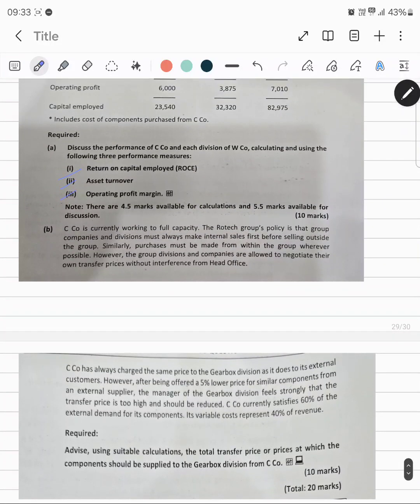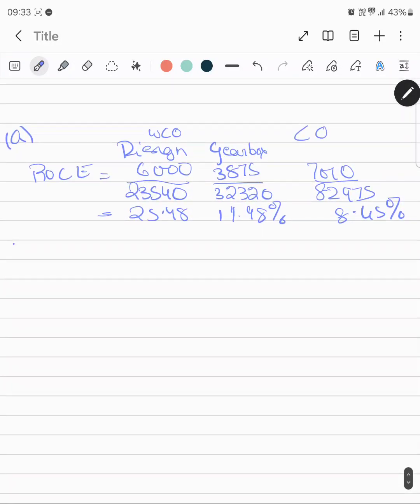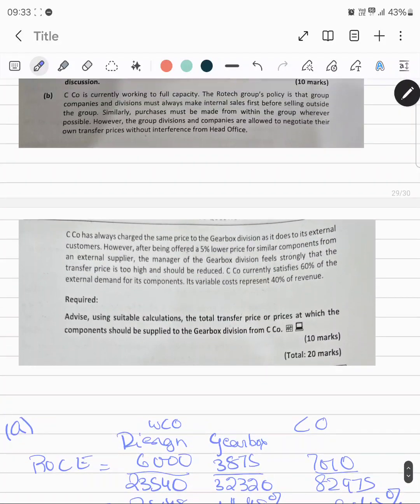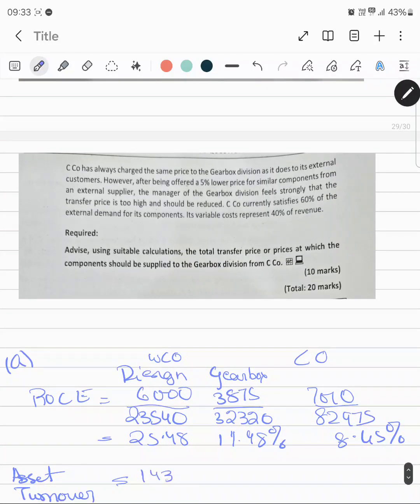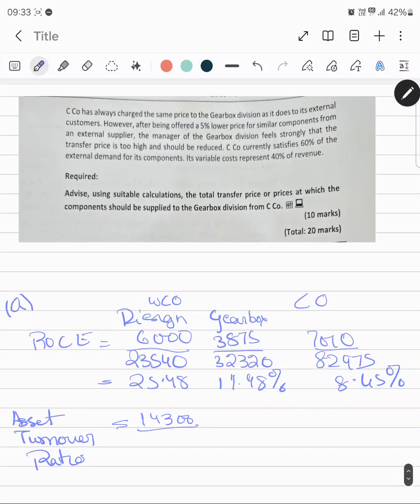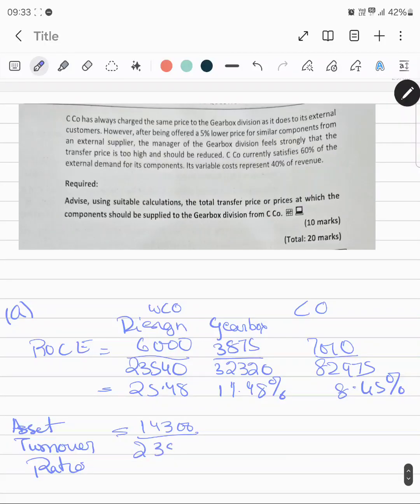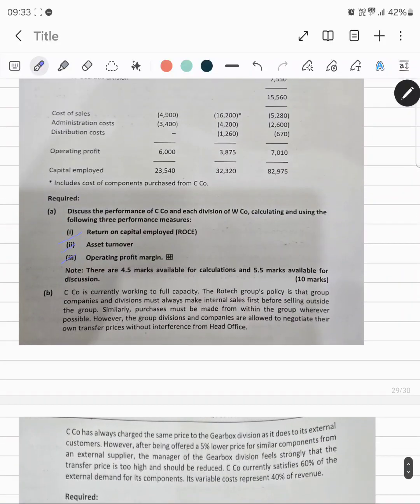8.45%. The second ratio which needs to be calculated is the asset turnover ratio, and for this we need sales. So sales is 14,300 for design division, and capital employed is 23540, and this will be calculated in times.